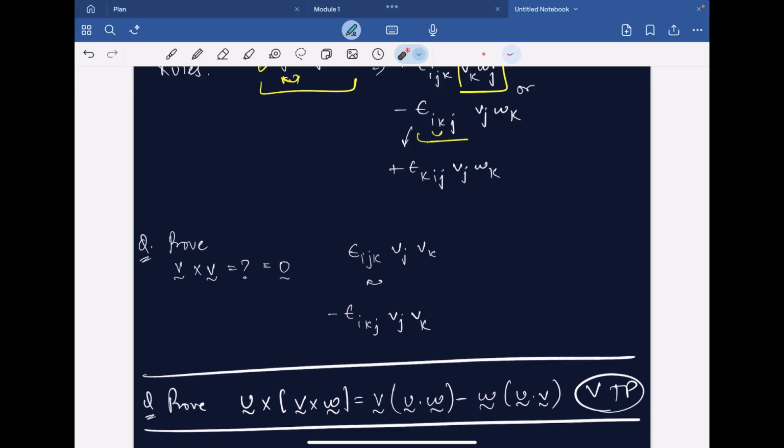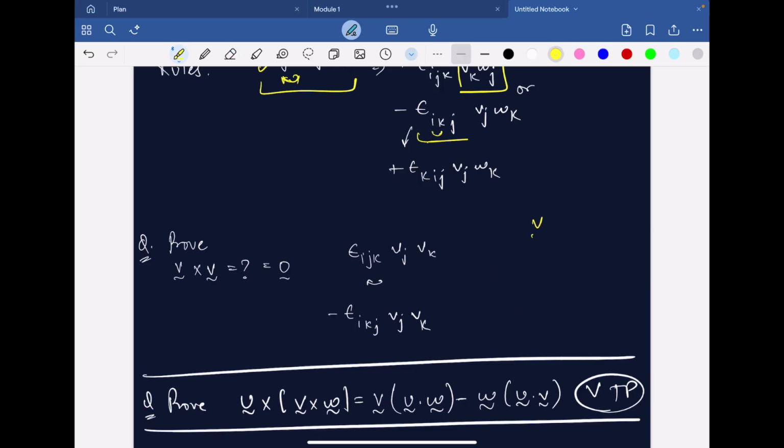If you repeat here and also repeat here, that would again give you a plus sign. This is also a doubt in some students.